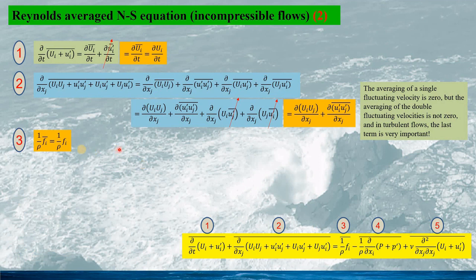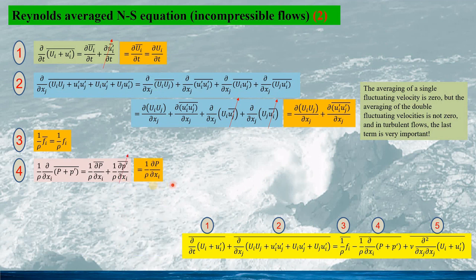The third term is for body force. In most cases, the body force is given, so it is not relevant to the fluid turbulence. Thus, its average is itself, so the expression is this. For the fourth term, the pressure gradient, we can separate the expression as this. And obviously, for the pressure fluctuation, its average is 0.